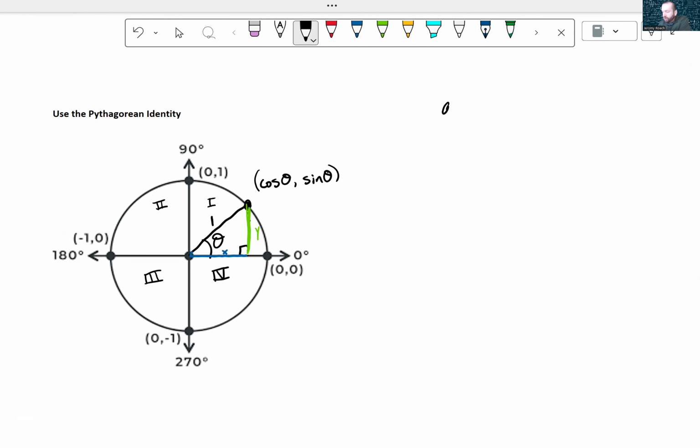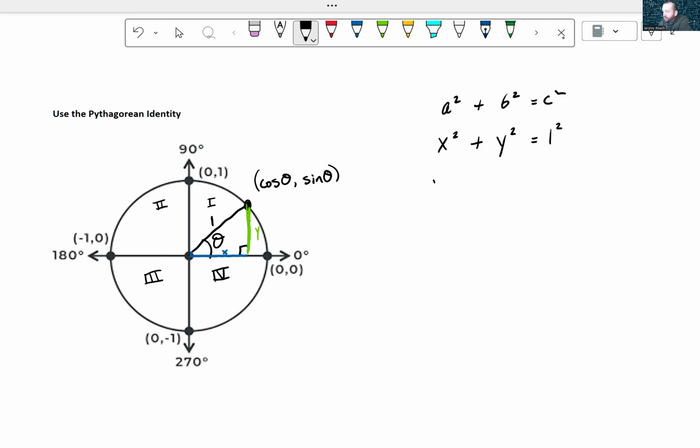So instead of a squared, I'm just going to rewrite this up here. Equals c squared. Instead of a squared plus b squared is c squared, we're going to say x squared plus y squared equals 1 squared. 1 is what c is, and if we square it, it's 1 squared.